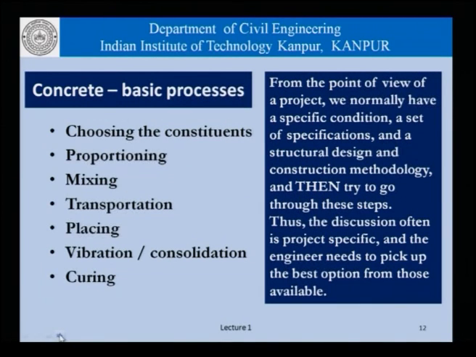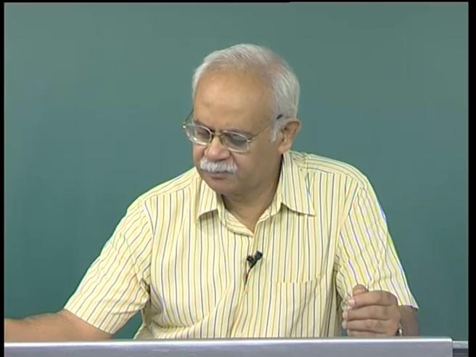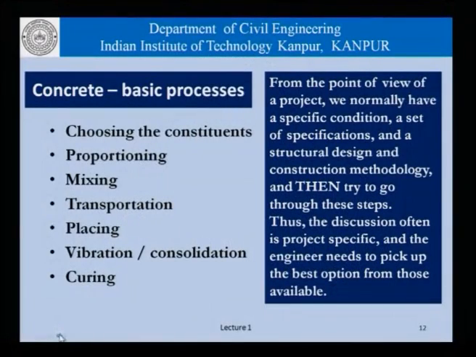Now, let us look at the basic processes in concrete engineering. From the point of view of a project, we normally have a specific condition or a set of specifications and a structural design and construction methodology, and then try to go through these steps. Now, what are the steps?